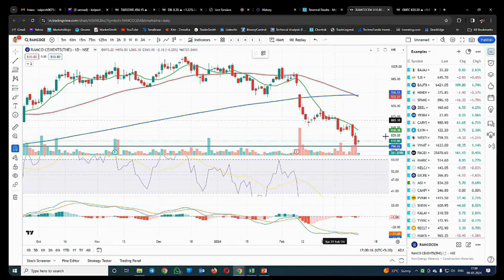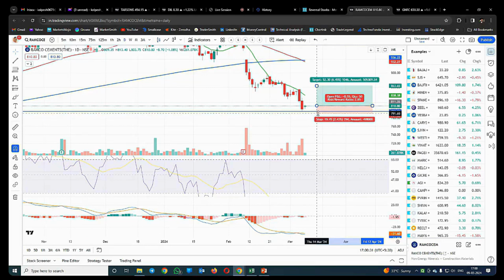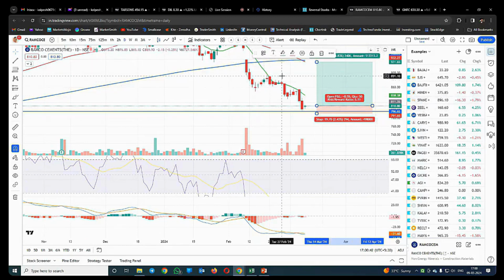Because always in percentage terms we'll just see that. See, this is 2%. A little flexible, I can keep it 2.25 also or 2.5, and I'll wait till this 52 cross.